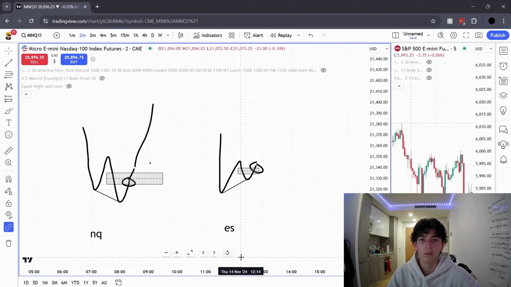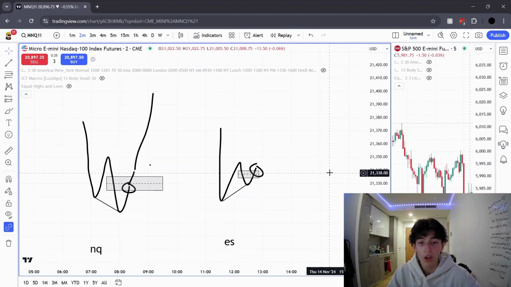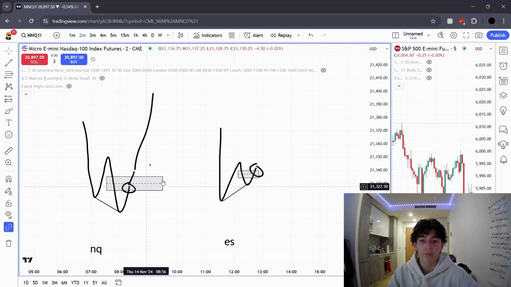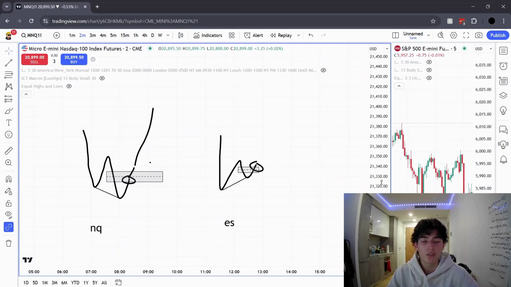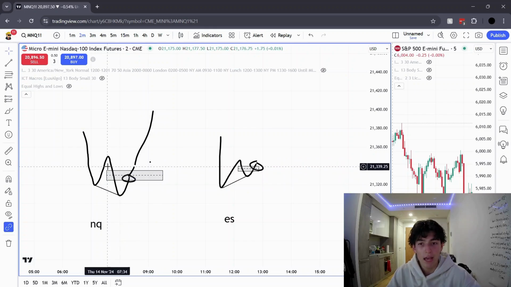It didn't sweep this low. This is a confirmation, a confluence, that it wants to go higher. But I can only be certain of this if I see my strategy play out, right? Because this strategy confirms the bias on whether I'm right or wrong. And my bias is bullish here. That can only be confirmed by whatever strategy you have, by it happening.